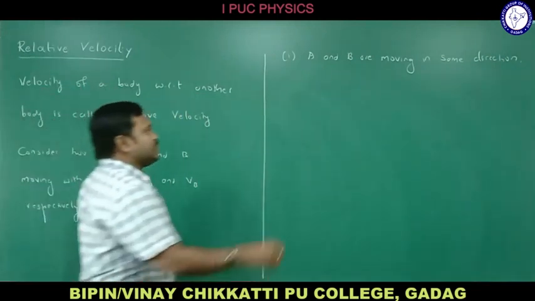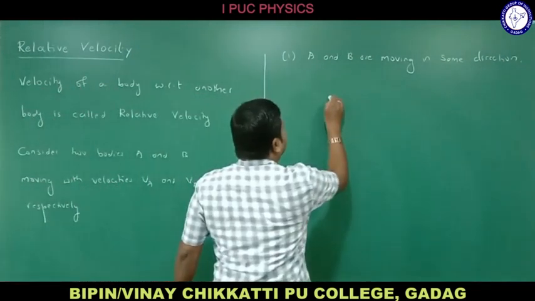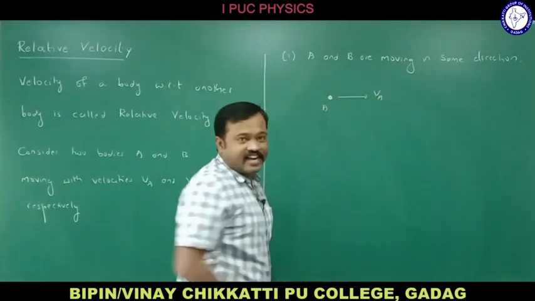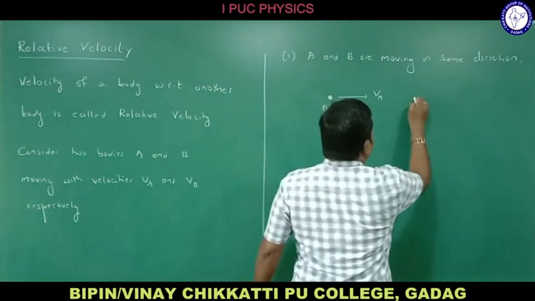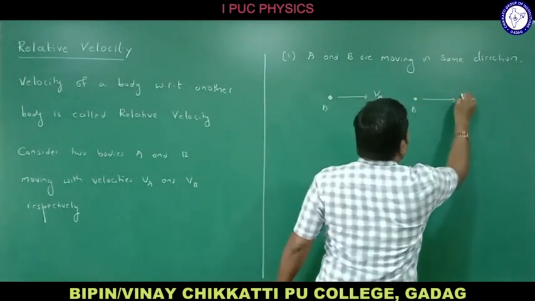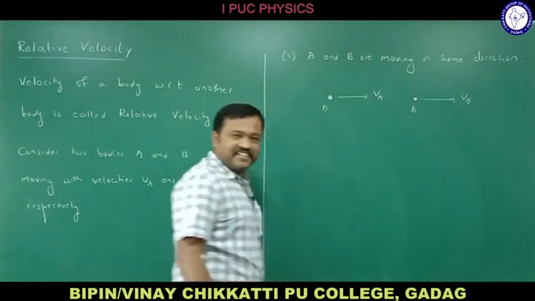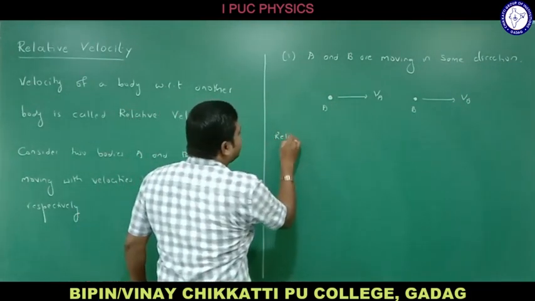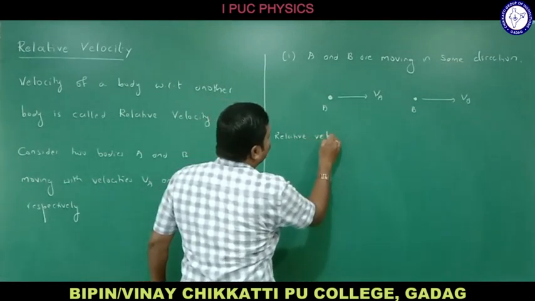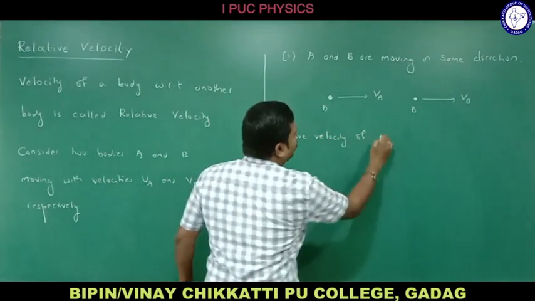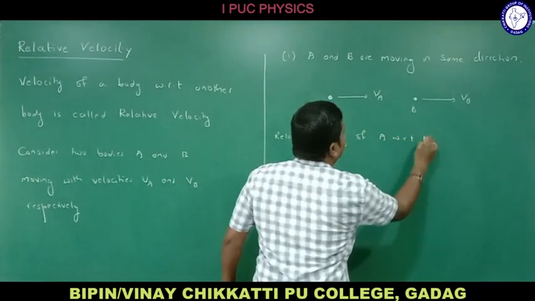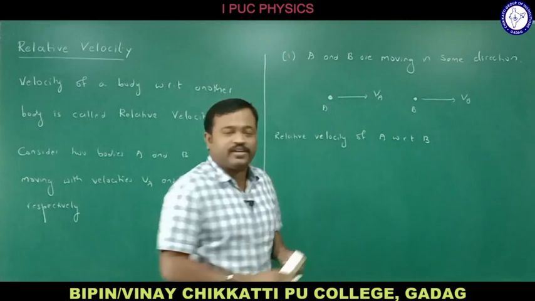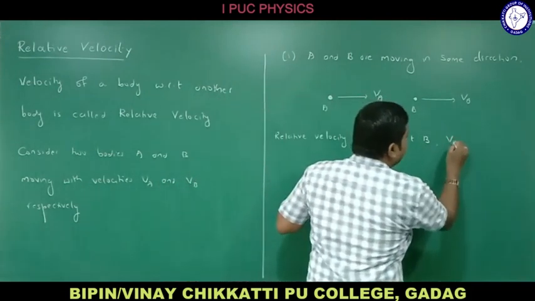Let me consider a particle A which is moving with velocity VA in this direction, and another particle B moving with velocity VB. Now let us check what the relative velocity is. That is the relative velocity of A with respect to B. It is denoted by VAB.